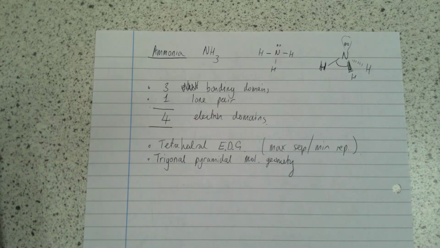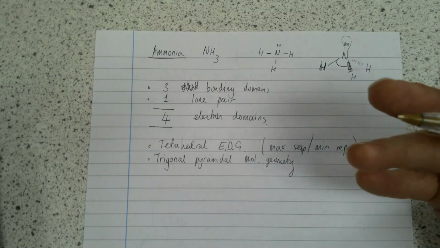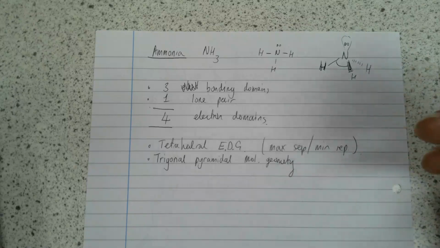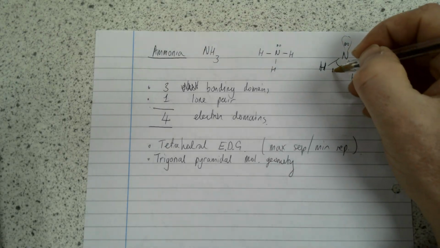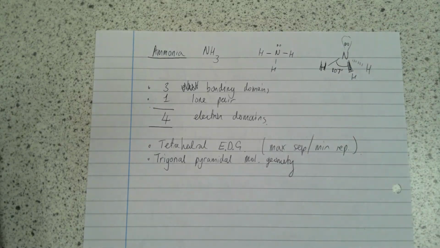Now the numbers aren't perfect, and you get given a range of allowed answers in your IB exams. But if you stick with the numbers that I give you, which are the ones that I was taught at school, they'll get you full marks. So it's easy to remember: 107 degrees for that bond angle there, approximately. And if you look it up for that particular molecule, it might be a little bit out from that. This is right, because VSEPR is only a model.